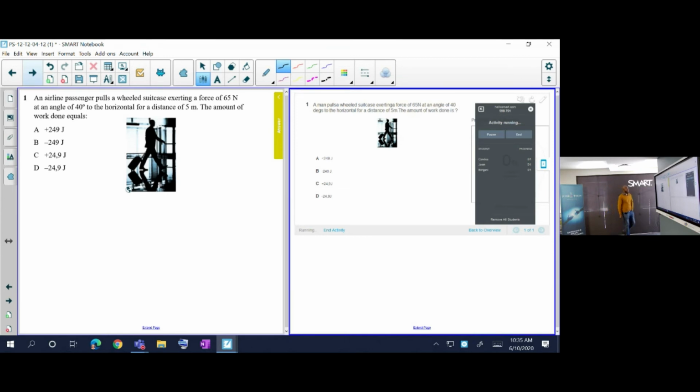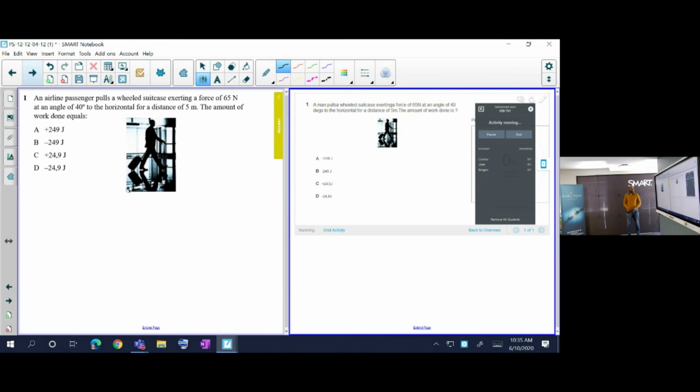An airline passenger pulls a wheeled suitcase, exerting a force of 65 Newton at an angle of 40 degrees to the horizontal for a distance of 5 meters. The amount of work done equals, we have answers here, it's a multiple choice.